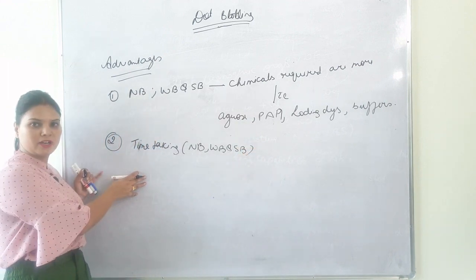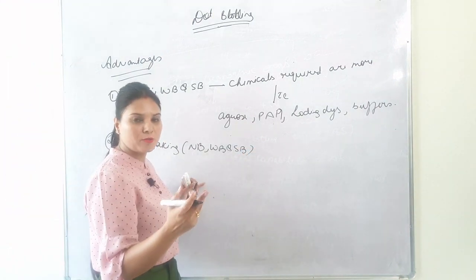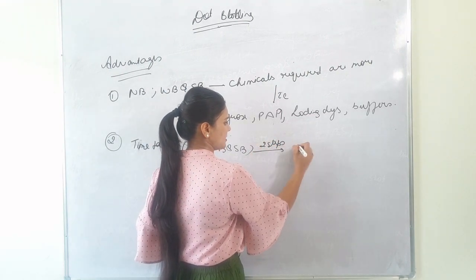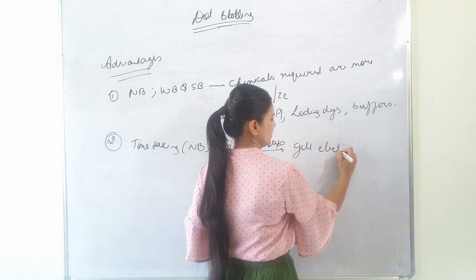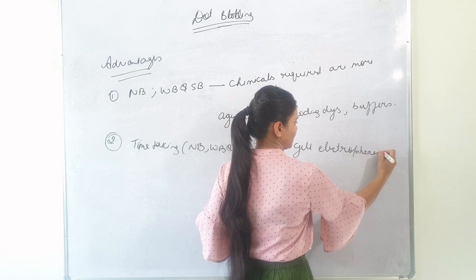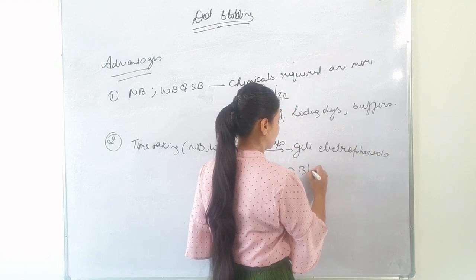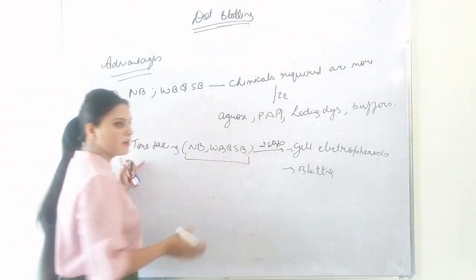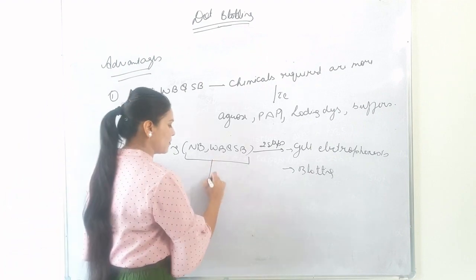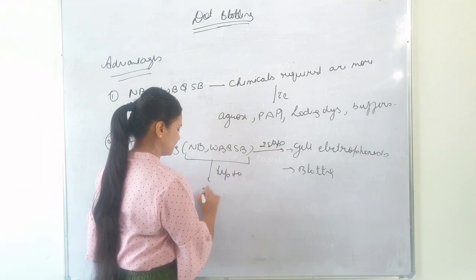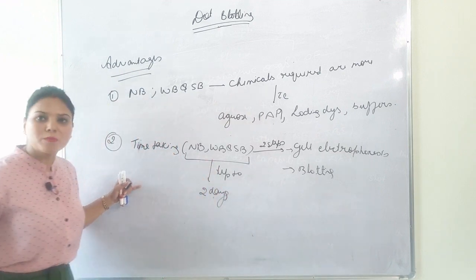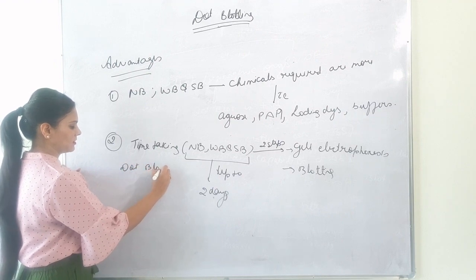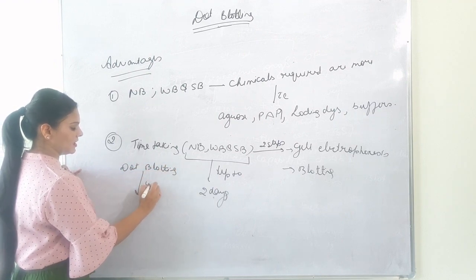All these three techniques are time taking because here we have to perform gel electrophoresis as well as blotting, due to which these three techniques from start to finish take up to 2 days, whereas dot blotting takes only 3 hours and is completed within 3 hours.